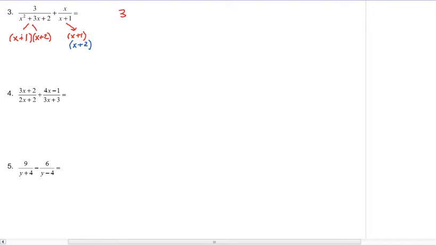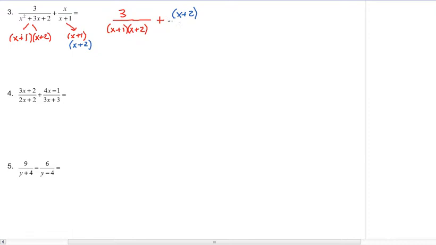Rewrite the first fraction as 3 over x plus 1 times x plus 2, plus. Well, what are we going to multiply? The missing factor was x plus 2.